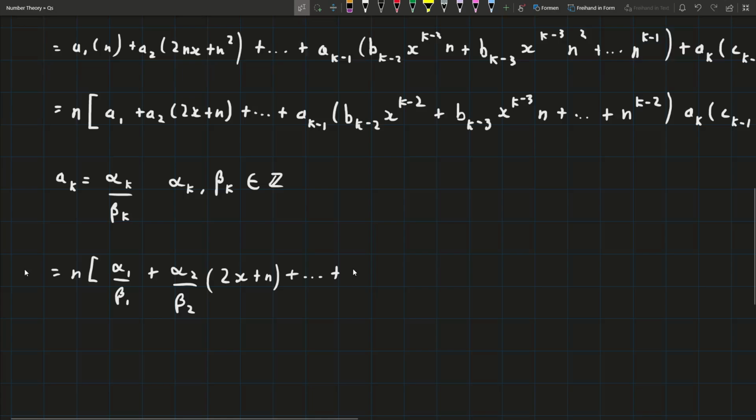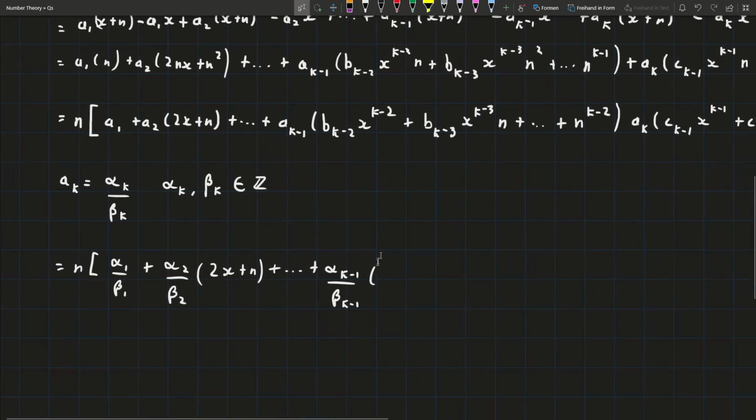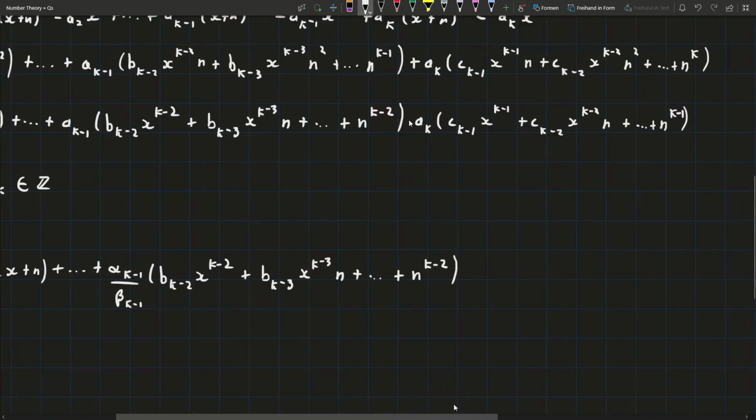Then instead of a sub k minus 1, I'm going to write alpha sub k minus 1 over beta sub k minus 1 times this big bracket, which I'm too lazy to write out again. I also forgot to write in a plus here. And then instead of a_k, I'm going to write plus alpha k over beta k. And this is going to stay the same.